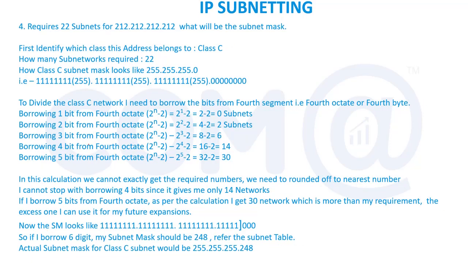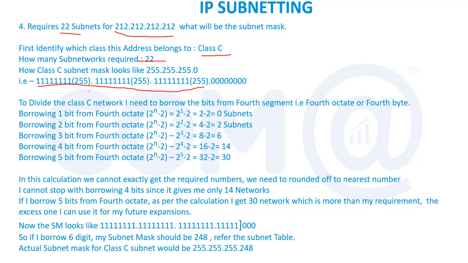So fourth example, I wanted 22 subnets, and the address is 212. The first hint is that this is a class C address and they want 22 subnets. Class C default subnet mask is 255.255.255.0.